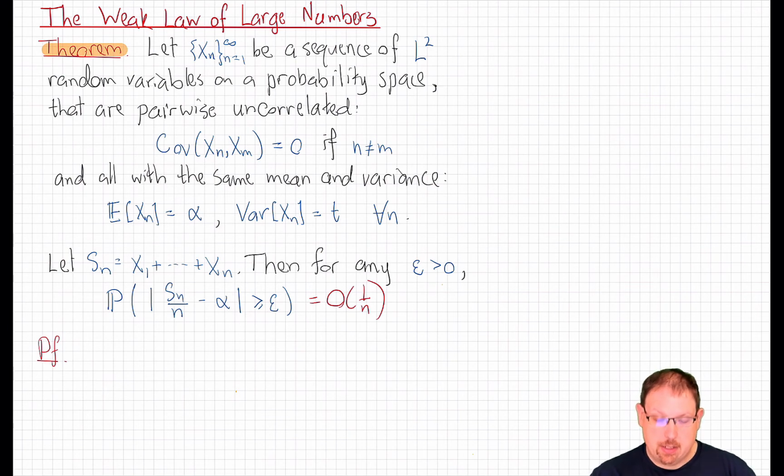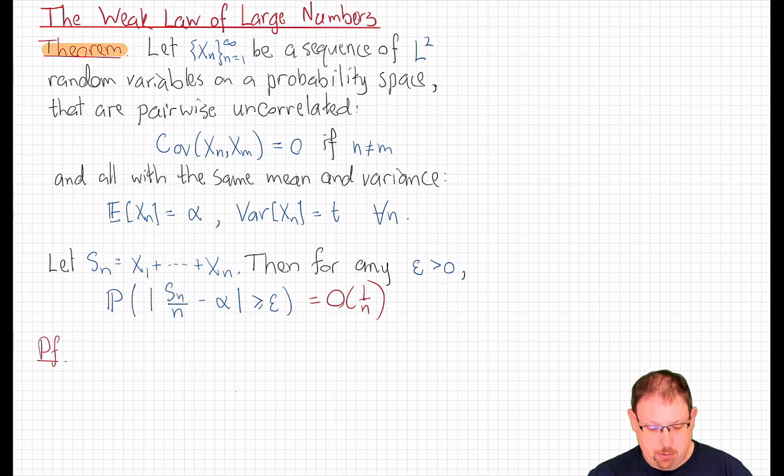We get concentration about the mean in the large n limit for any sum of uncorrelated random variables with common means and variances. The proof of this is actually almost the same as the calculations we did on the last page, together with noting that the variance will always grow only linearly instead of quadratically for this sum. So why is that?